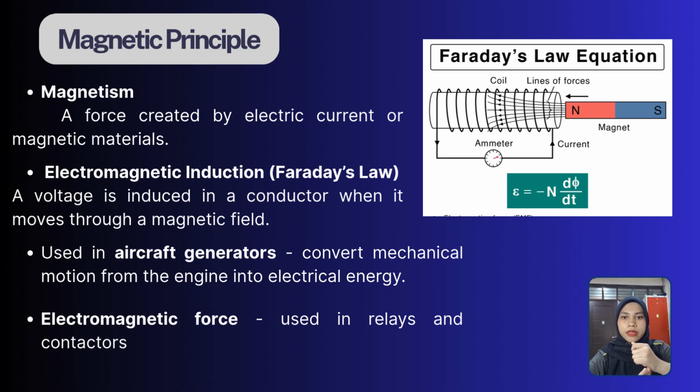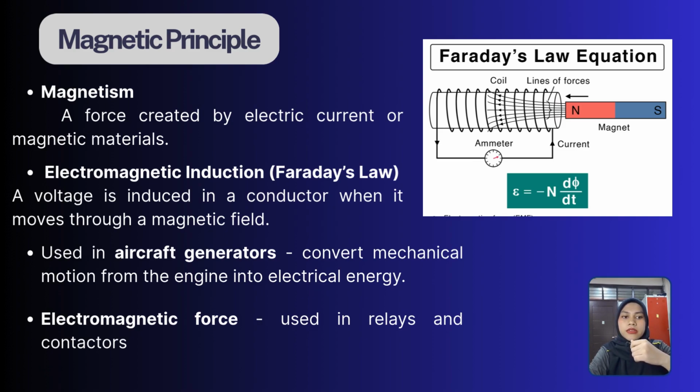A key concept in aviation is electromagnetic induction, which is based on Faraday's law, which states that a voltage is induced in a conductor when it moves through a magnetic field. So this principle is used in aircraft generators, which convert the mechanical motion from the engine into electrical energy.